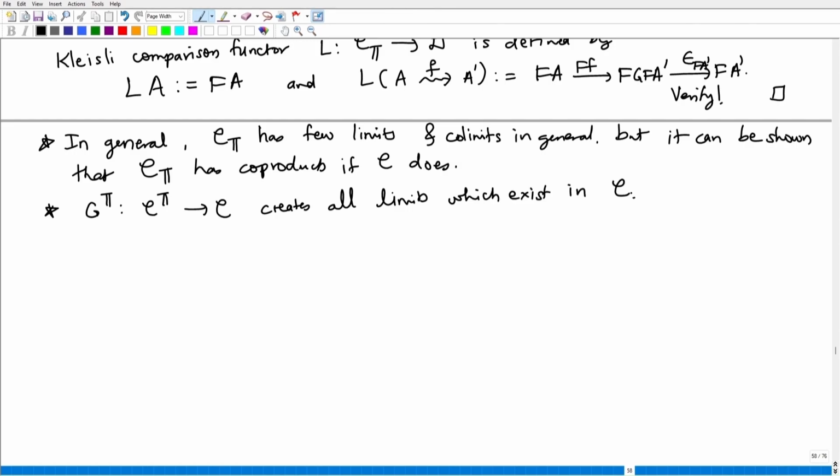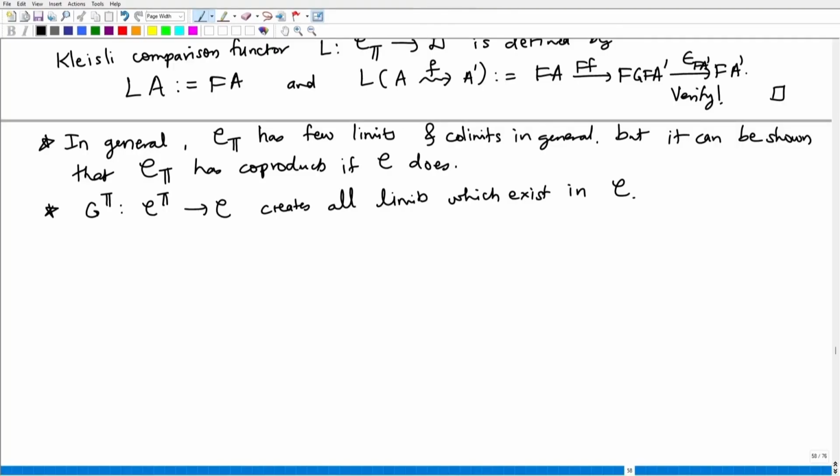So we have seen such a thing before, if you remember, the category of groups and category of sets. The forgetful functor from category of groups to sets does create all the limits. So therefore category of groups is complete. We have seen this. Like, creates means what?